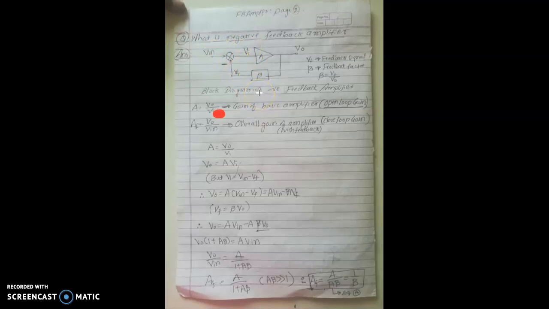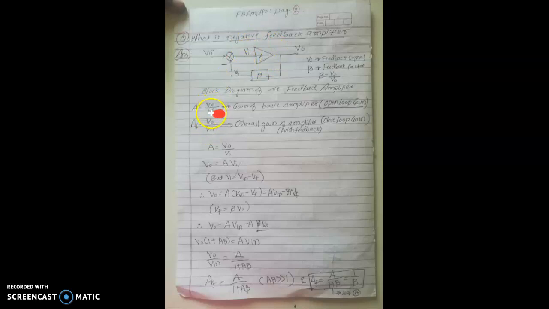After that we shall proceed to derive the gain of the negative feedback amplifier. For that we are going to write two equations. One is the gain denoted by A. It is the gain of this ordinary basic amplifier with no feedback loop considered. In that case, only when this portion is considered, A is equal to output voltage by input voltage.